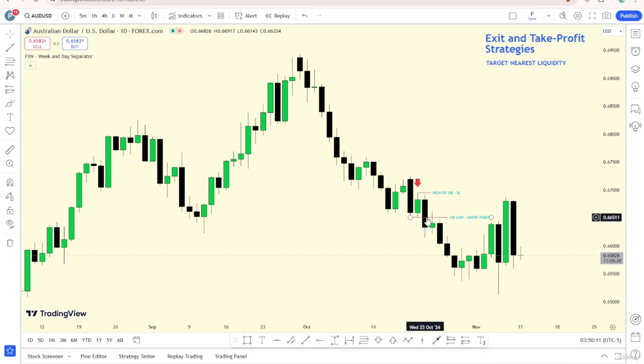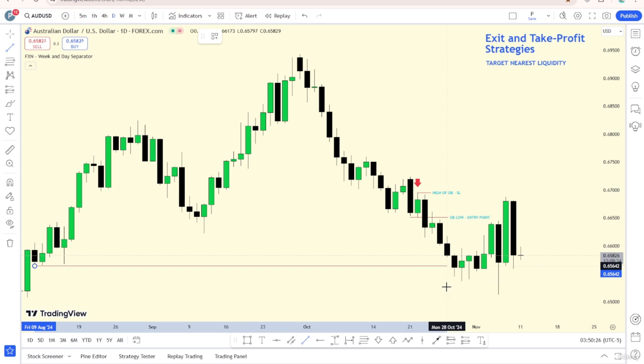So for example, if you have executed at the low of the order block, just as in this example, you want to target below that order block or below that entry point. You want to look for any near-term liquidity that you can use to exit your positions.